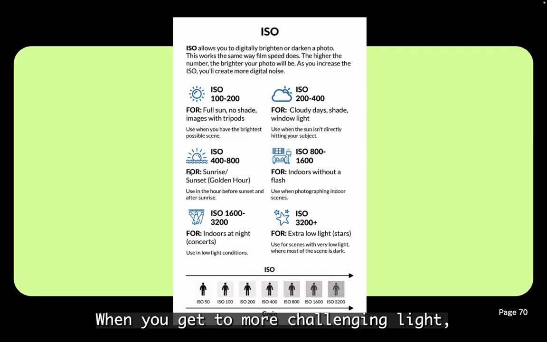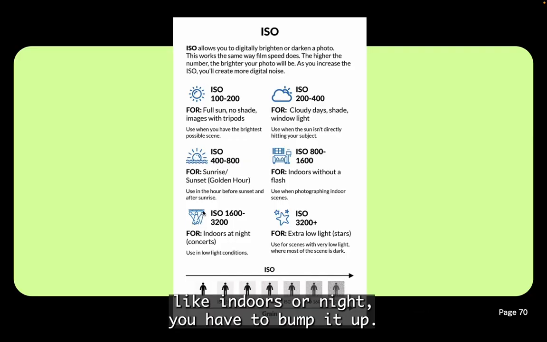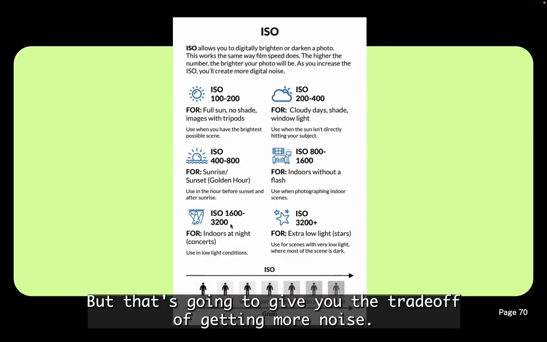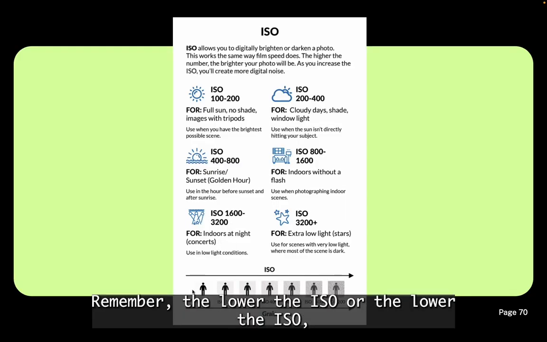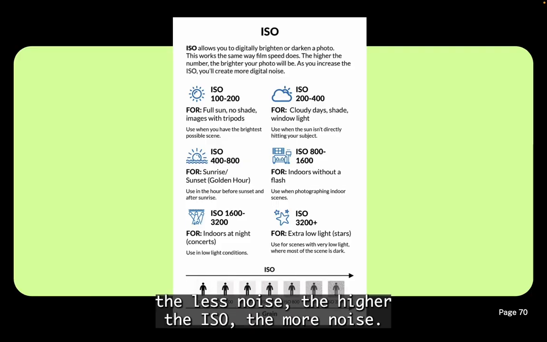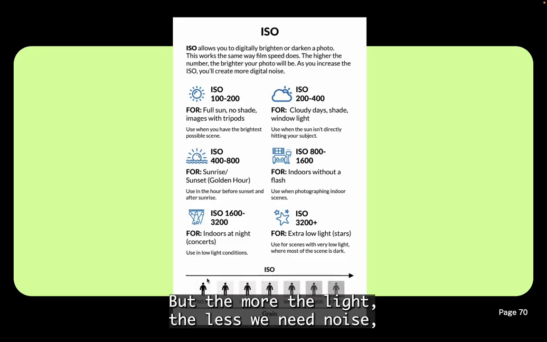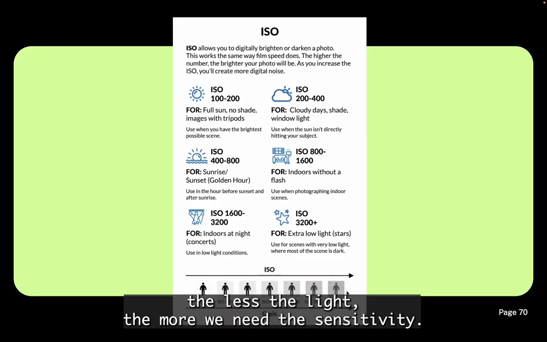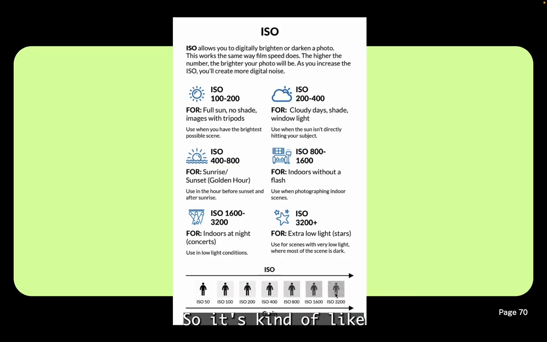When you get to more challenging light, like indoors or night, you have to bump it up. But that's going to give you the trade-off of getting more noise. Remember, the lower the ISO, the less noise. The higher the ISO, the more noise. But the more the light, the less we need sensitivity. The less the light, the more we need the sensitivity. So you're just gonna have to welcome the noise that comes in.